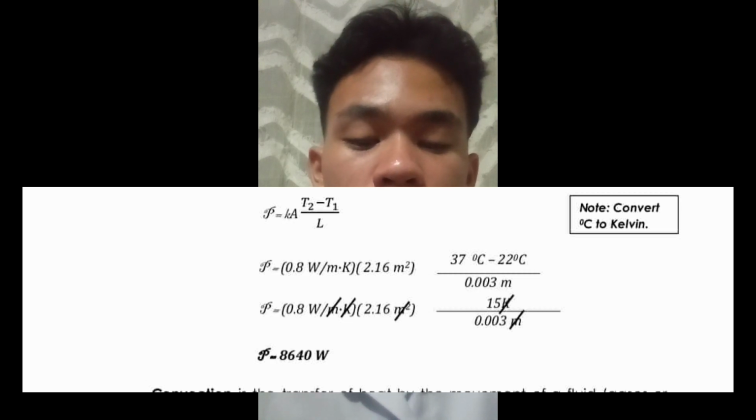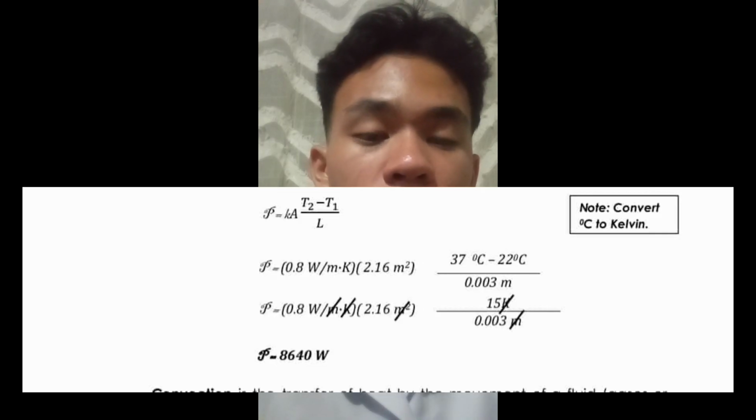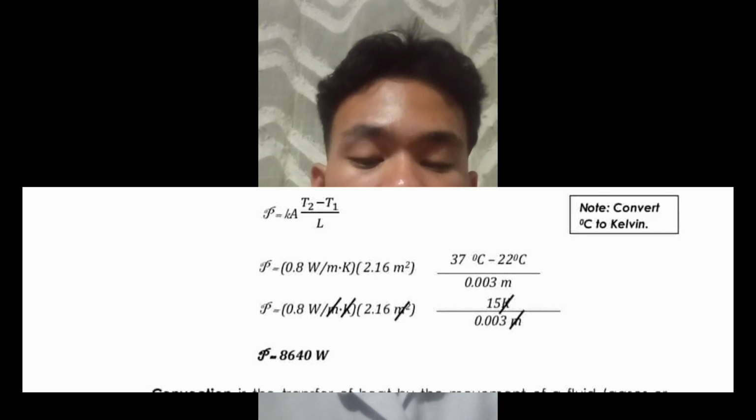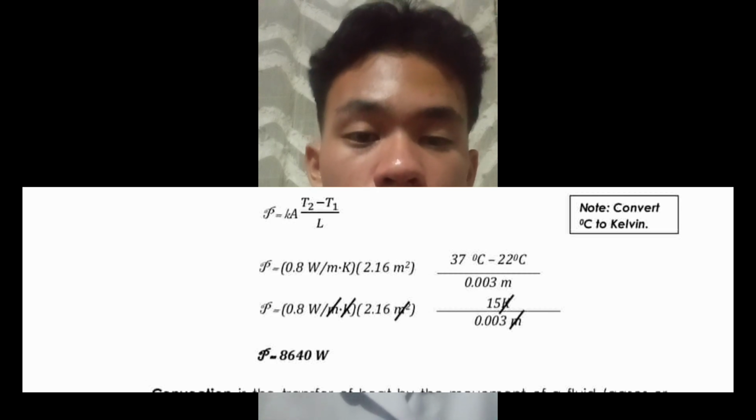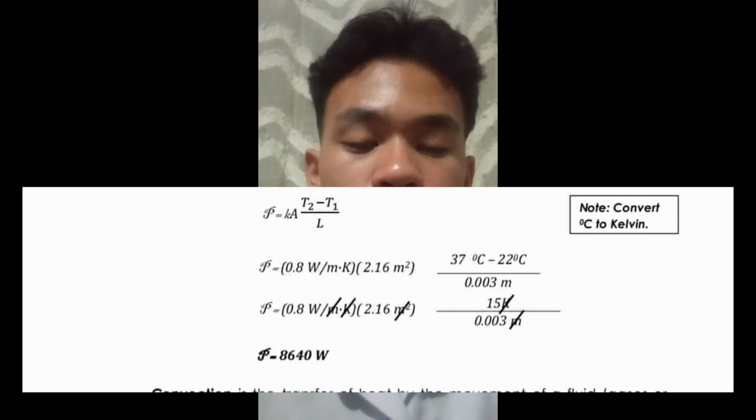Going on to the calculation, P equals 0.8 watts per meter Kelvin times the area 2.16 meters squared times 310 minus 295 K, which would be 15 K, over 0.003 meters. Doing the cancellation of units, watts would be left. So P is equal to 8,640 watts.